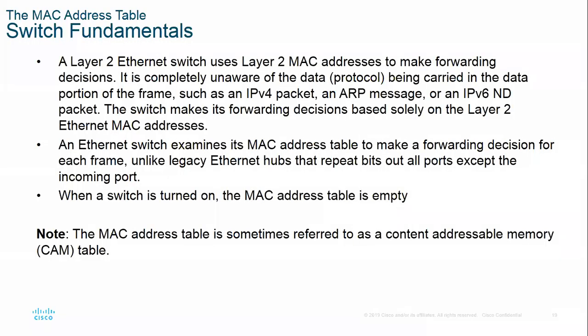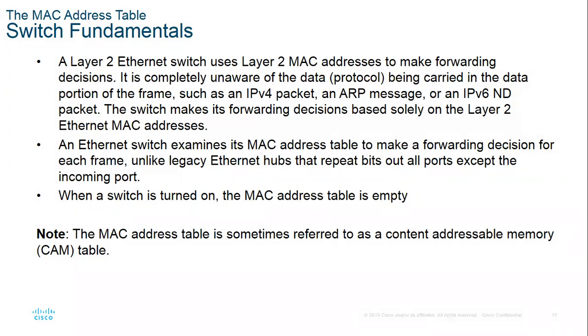So the Ethernet switch is going to examine the switching table, the MAC address table, whenever it receives an Ethernet frame that it needs to forward to a destination. To decide to which destination it should switch it, it looks up the switching table.